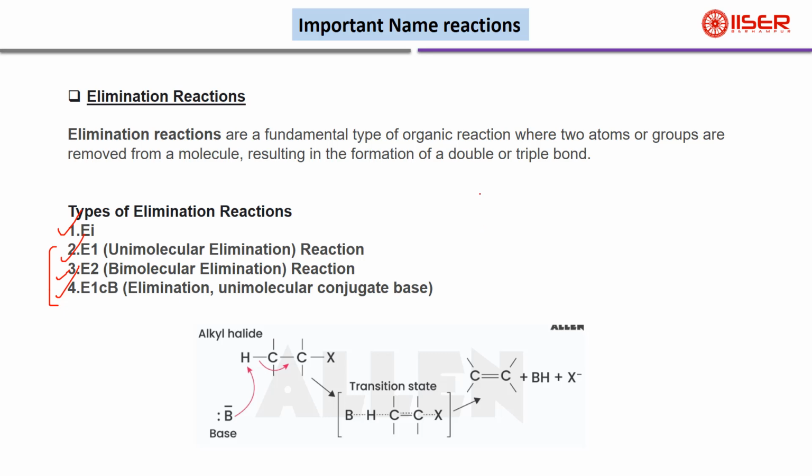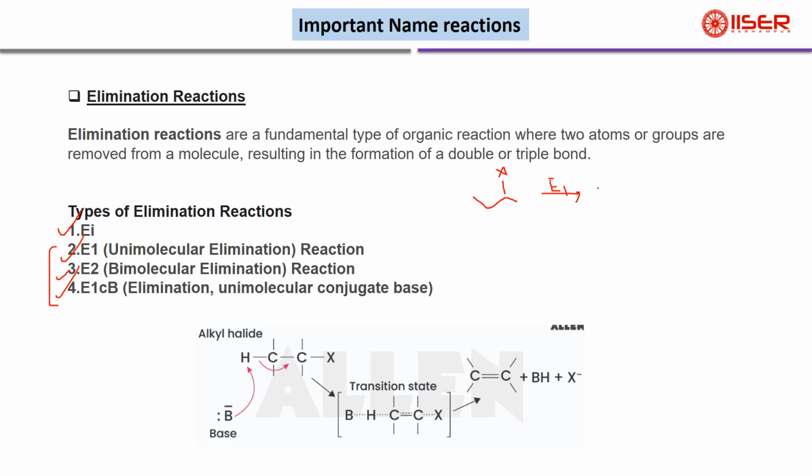E1 elimination means where the leaving group leaves the system. Suppose this type of system is there, this is the leaving group. E1 means it is a unimolecular reaction.